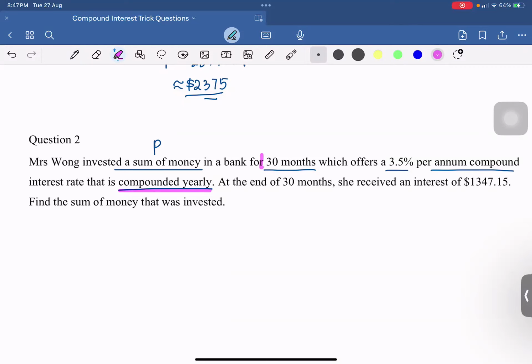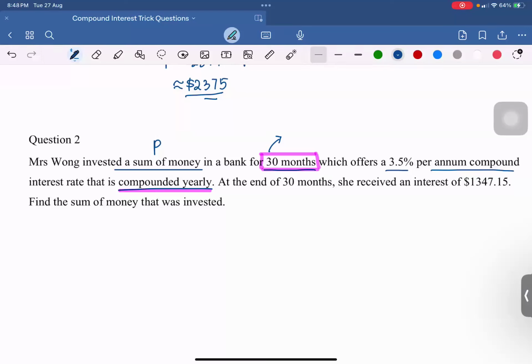That means the time over here must be changed to years instead of months, because it's compounded yearly. If the question is compounded monthly, then I change the time and the percentage all to months.